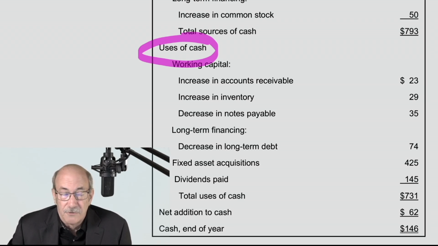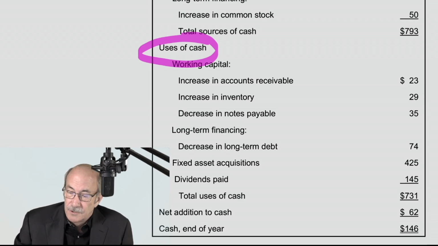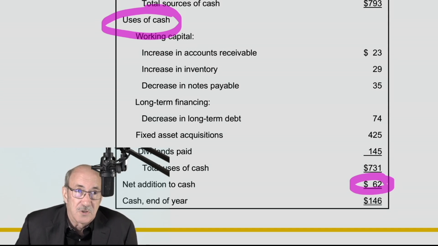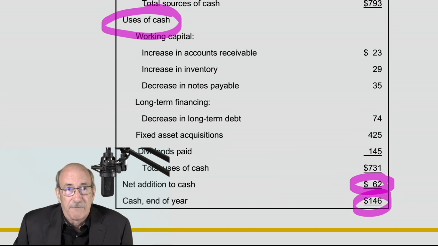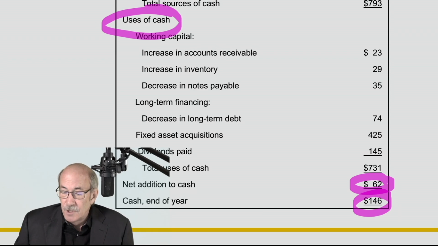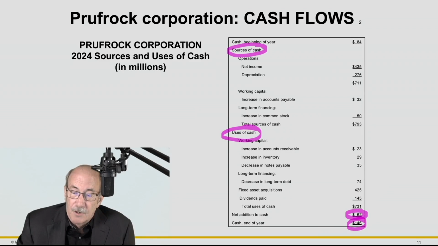Everything else is the same in terms of the actual numbers here. And obviously when we get down to the bottom, we had a $62 million excess of sources over uses. So that meant that our cash balance went up from 84 million up to 146 million. All right.